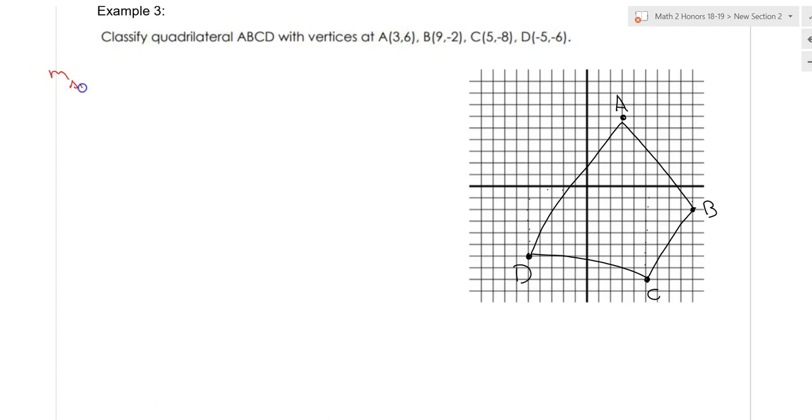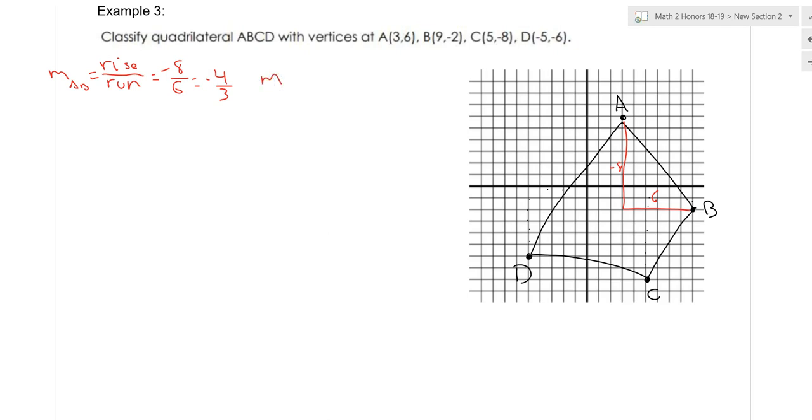So the slope from A to B, again, slope is found by rise over run. Okay, going down and over. So I went down 1, 2, 3, 4, 5, 6, 7, 8. Over 1, 2, 3, 4, 5, 6. Which reduces to -4/3. Okay.